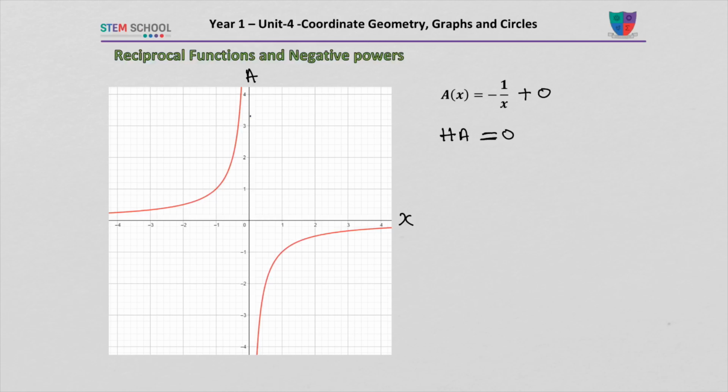That means when we draw the horizontal asymptote, that's y equal to 0. That's the horizontal asymptote. Now we need to do the vertical asymptote. So that's VA. We need to set the denominator to 0. So x equal to 0. So this is x equal to 0.